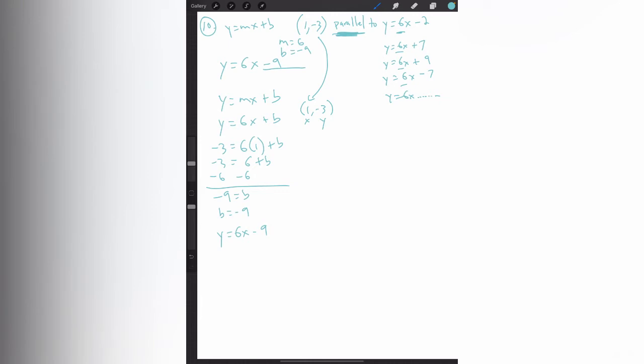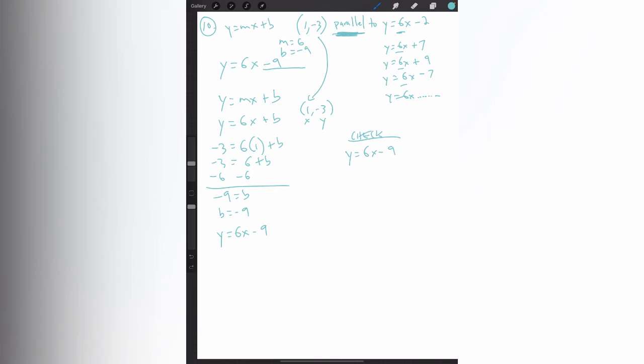The way you could check your work is by writing the equation you came up with and substituting. Well, first I know it's parallel because y equals 6x minus 2 from up here, right? Has the same slope, so it's parallel. Awesome.